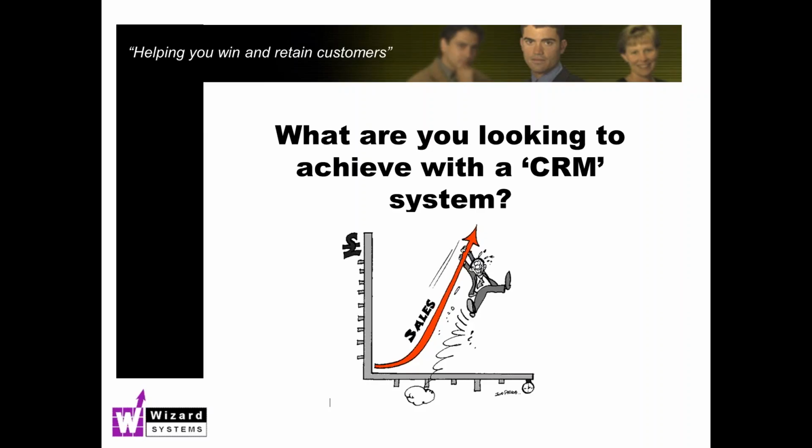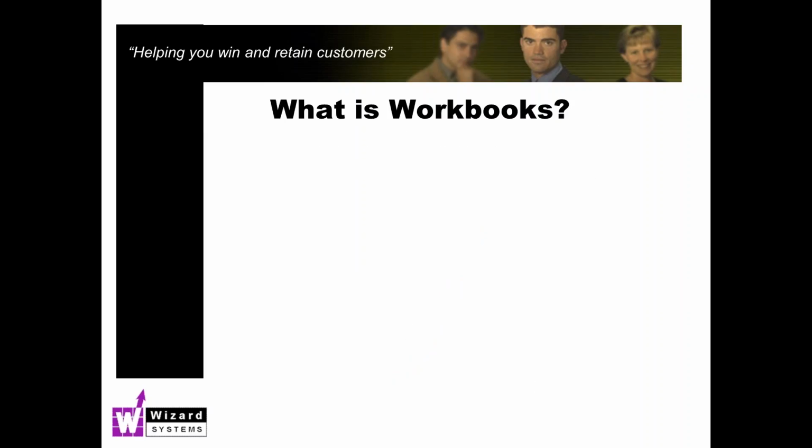Maybe you want to improve the way you do quotes, improve customer service, do better marketing, better email marketing campaigns, maybe a combination of all of those. So really that's what we want to try and get at, is trying to see what the tangible benefits are for you of the Workbooks system, so that we can actually look at some kind of ROI on your investment in the Workbooks solution.